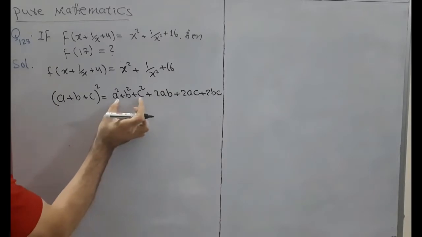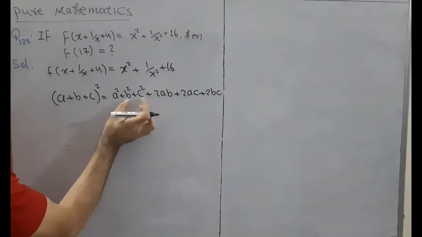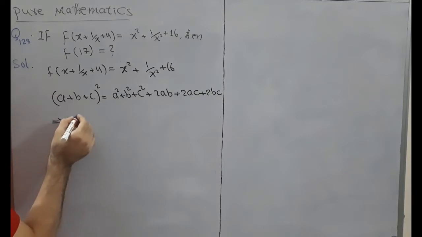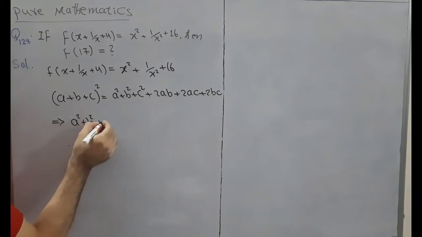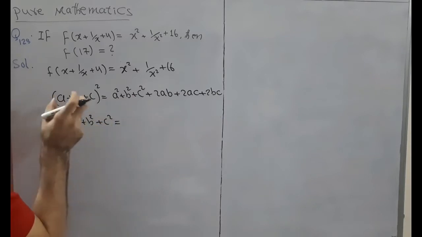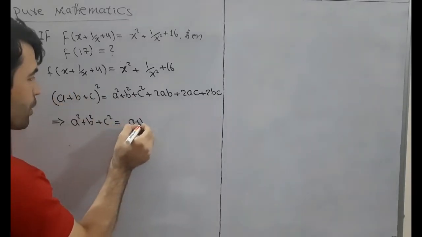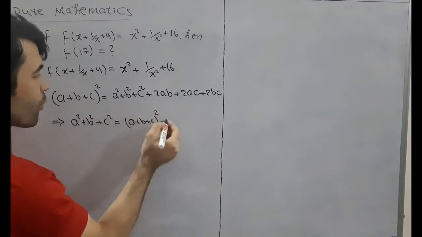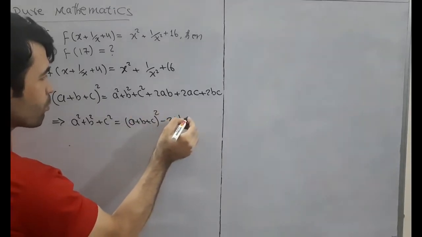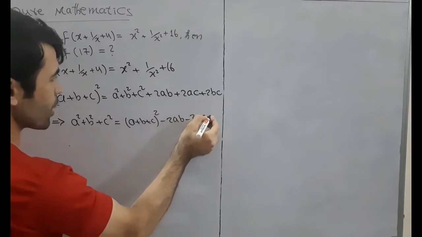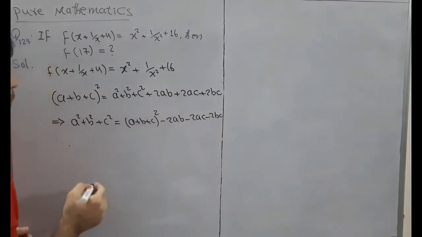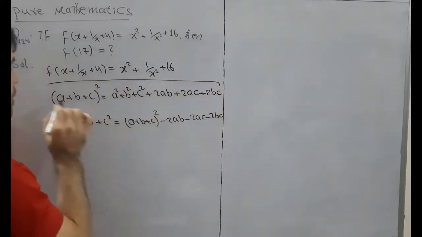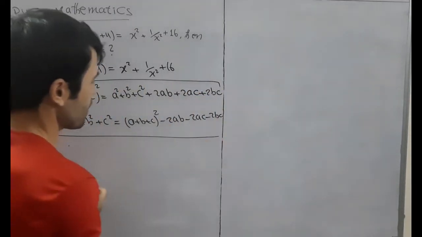If you want to find a square plus b square plus c square, then we can write a square plus b square plus c square is equal to (a plus b plus c) whole square minus 2ab minus 2ac minus 2bc. It is the formula which we have from algebra identity.